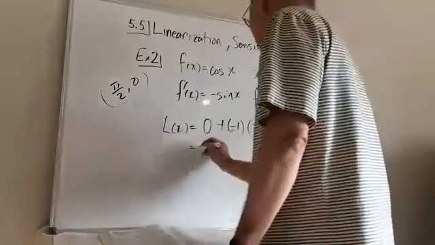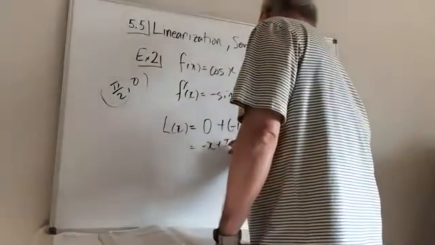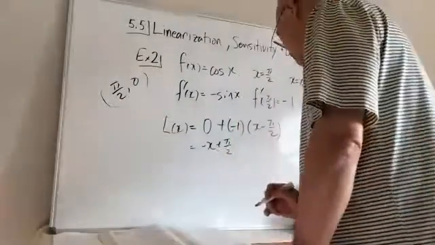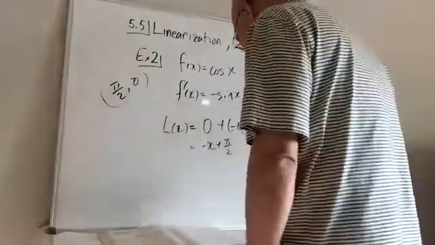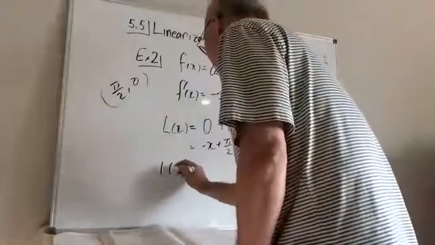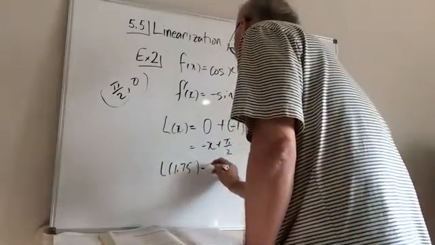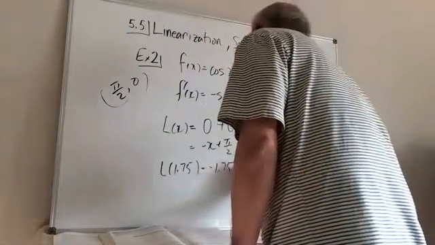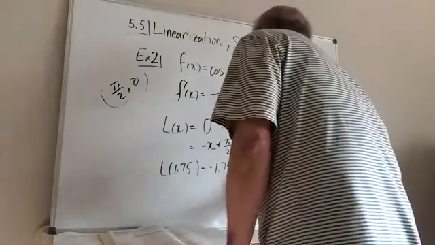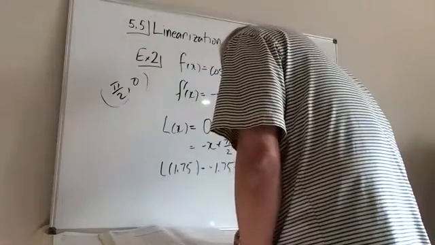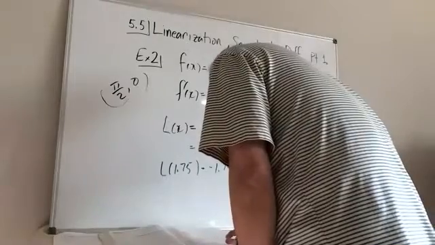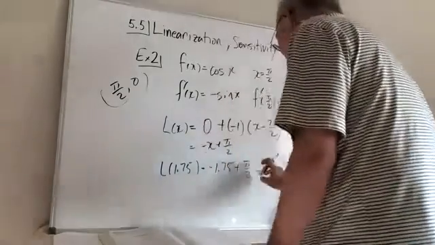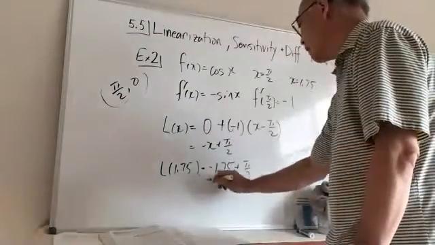So we're going to get minus x plus pi over 2, where I'm trying to approximate when x equals 1.75. So L of 1.75 is going to be equal to negative 1.75 plus pi over 2. And if I do that, what do I get? Whatever that is, this is going to be your approximation right here.